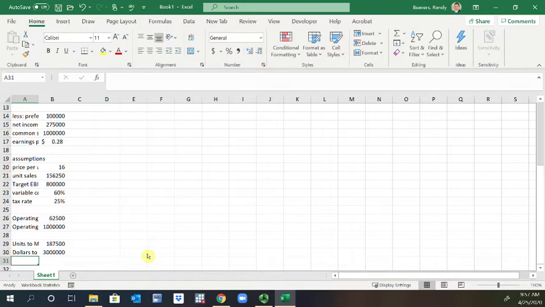Another thing that you can calculate is something called the cash break-even point. So that's going to be where your earnings per share are equal to 0. For this one, you can call this the cash break-even point or total break-even point in units.